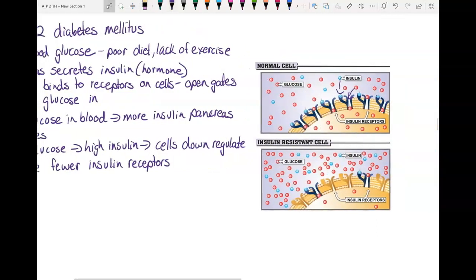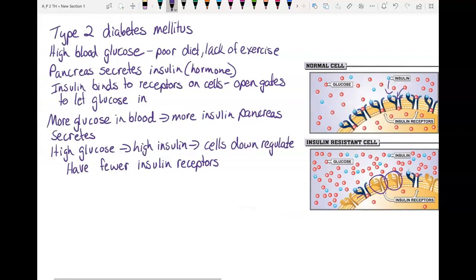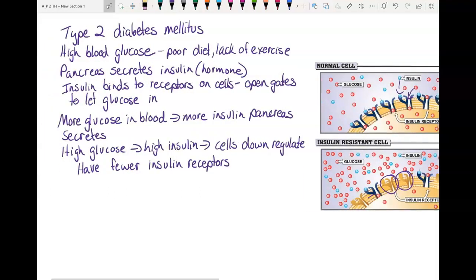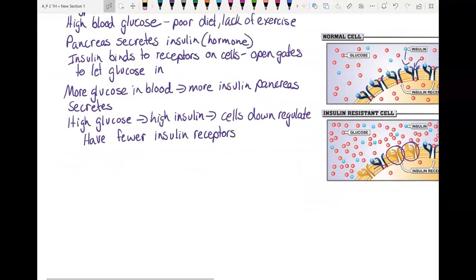So here in the bottom picture, you can see these insulin receptors are not functioning. You're down to only 2 functioning insulin receptors in the insulin-resistant cell with the type 2 diabetes mellitus. And then this gets into this positive feedback cycle.